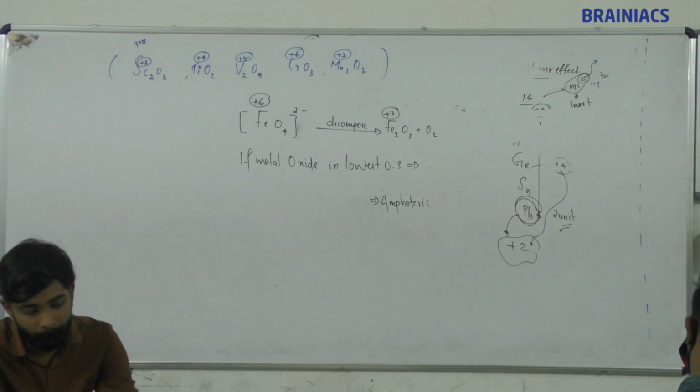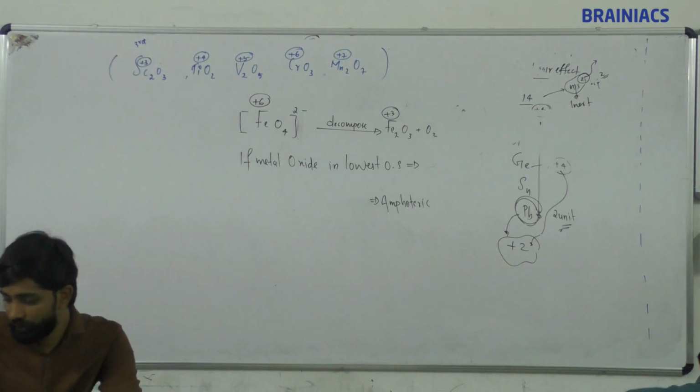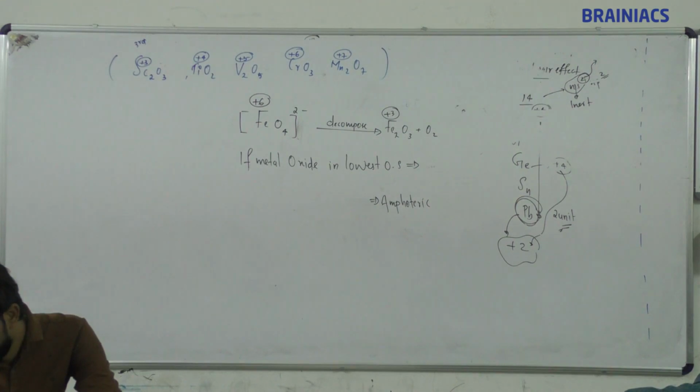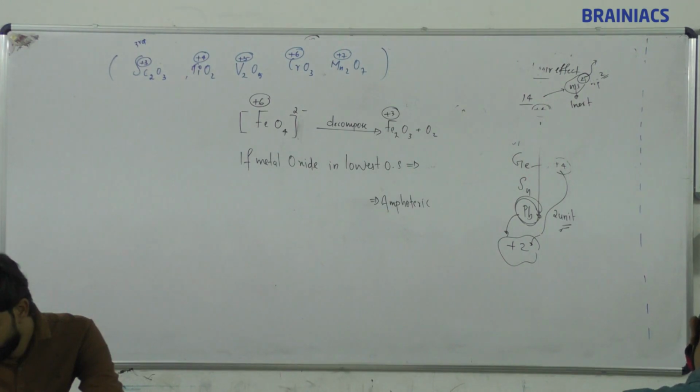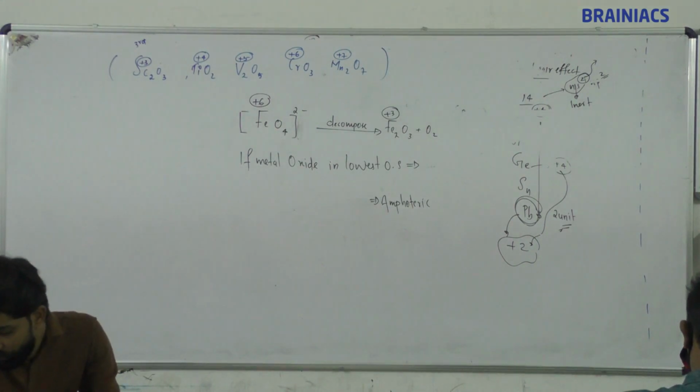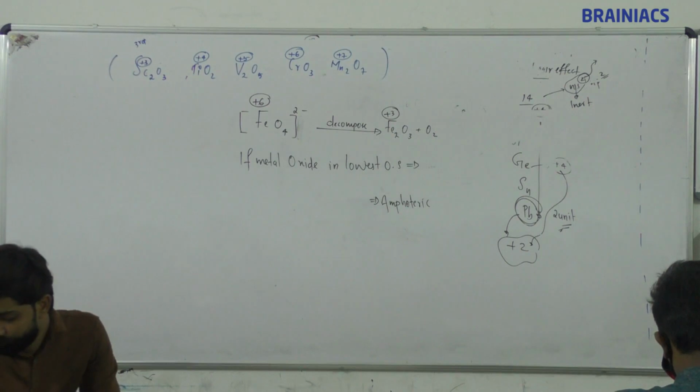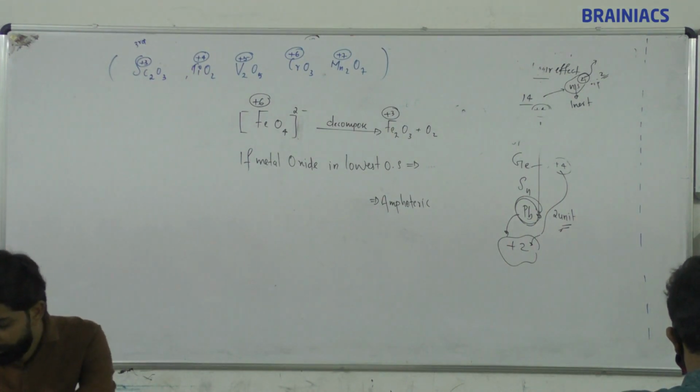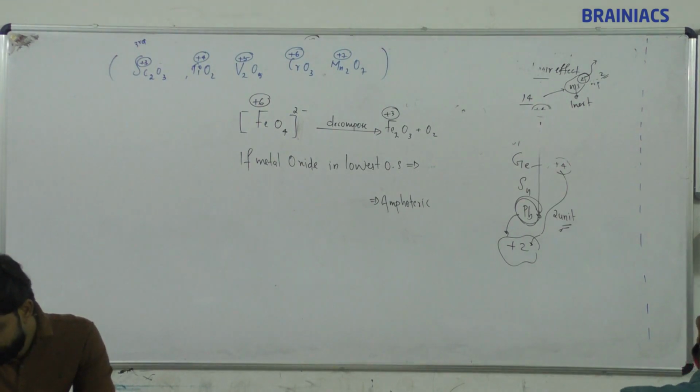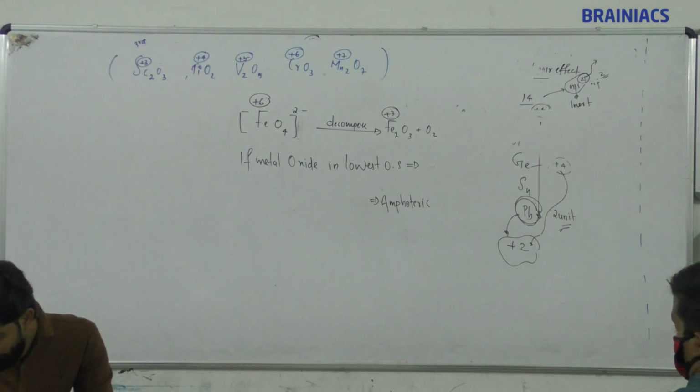Next point: if it is in the highest oxidation state, it is acidic. Examples: CrO3, Mn2O7, like that.